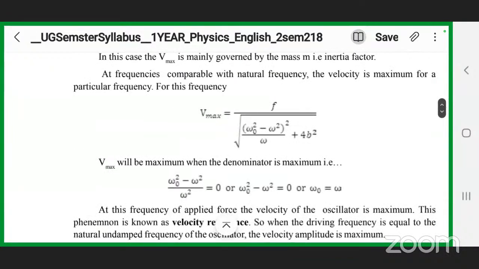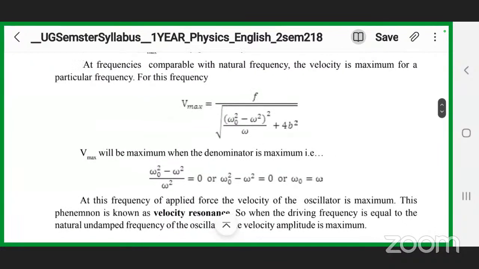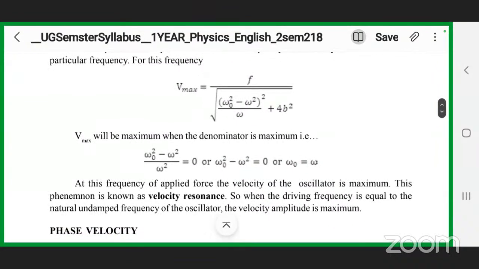By substituting, we get this equation, and V max will be maximum when the denominator is minimum, so you can equate it to 0, that is omega naught equals omega. So the natural frequency of the oscillator equals the driving frequency. This is the condition which you can call velocity resonance.